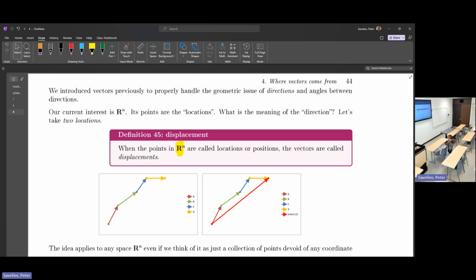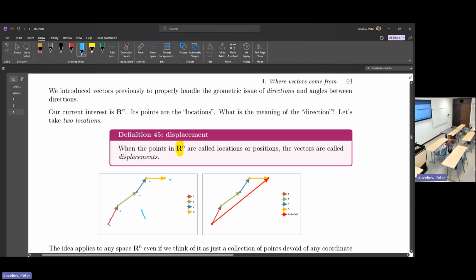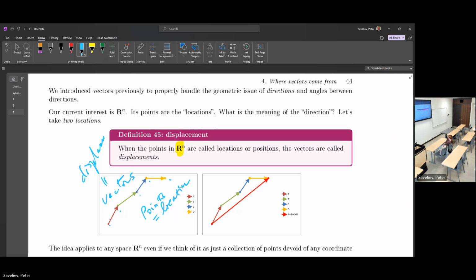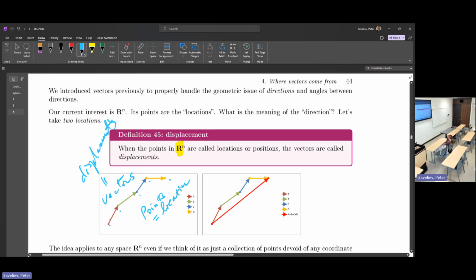If you want a more tangible analogy, you're moving through this n-dimensional space, and every time you are thinking about displacements, there is a sequence of points. So these are the points, and these are the vectors that connect them. Points are locations, and vectors are the displacements. Naturally, if you divide later on by delta t, you'll have velocities instead of displacements, but that's not a big deal.